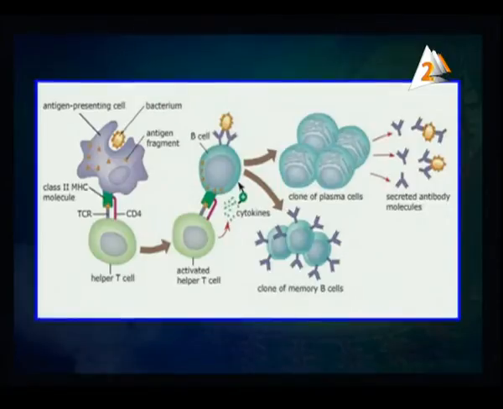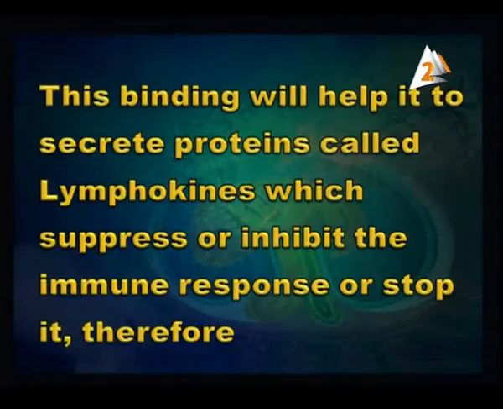Inhibiting the immune response. After destroying the antigen, the T suppressor cells, or TS, bind with the help of the receptor CD8 found on their surface to plasma cells, T helper cells, and T cytotoxic cells. This binding will help it to secrete a protein called lymphokines, which suppress or inhibit the immune response or stop it.